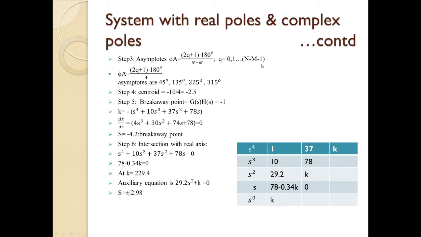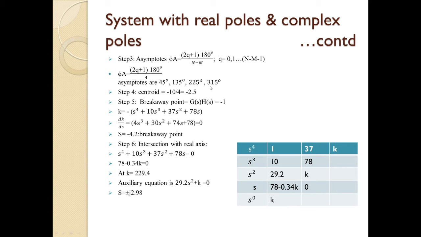So n minus m minus 1 becomes 3, so q will vary as 0, 1, 2, 3, and n minus m becomes 4. By putting the values of q and n minus m into this equation, we get 4 asymptotes, and these asymptotic angles are 45 degrees, 135, 225 and 315 degrees.